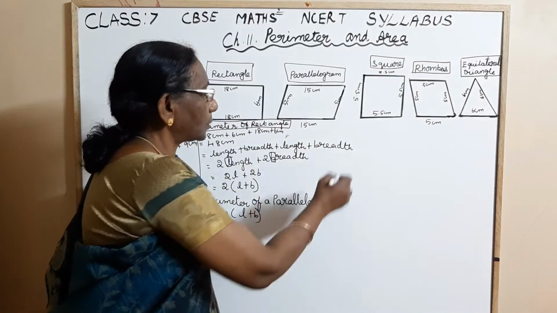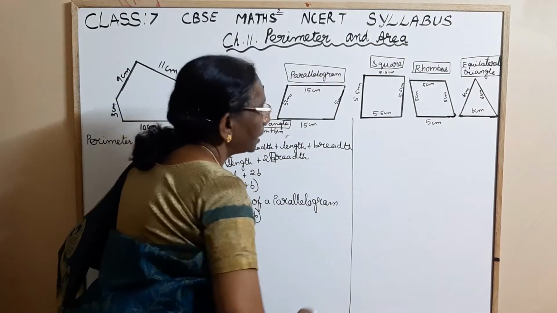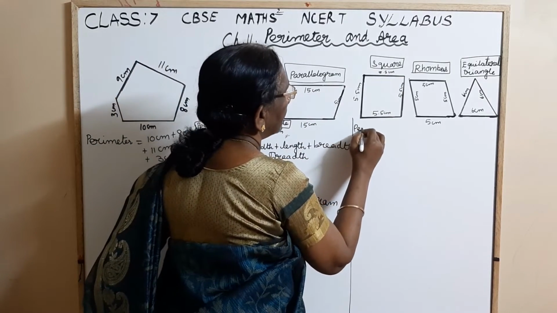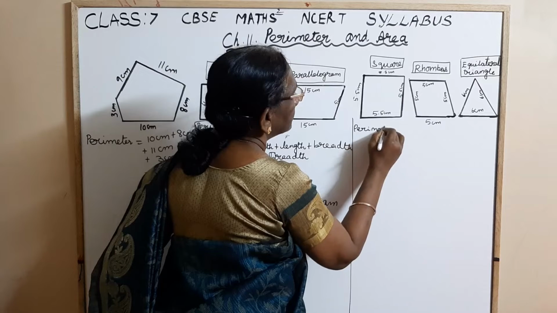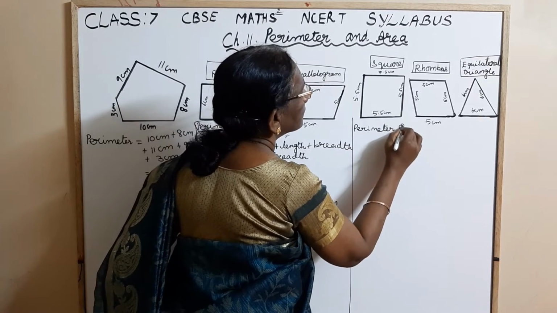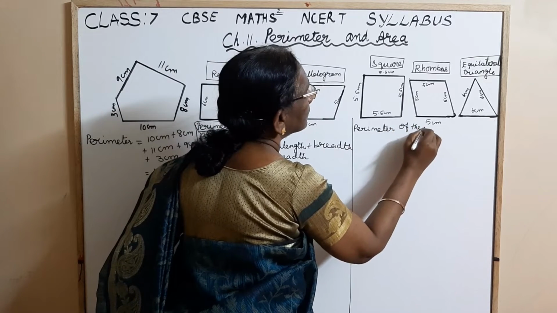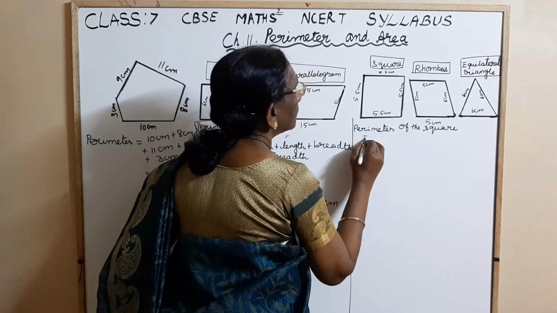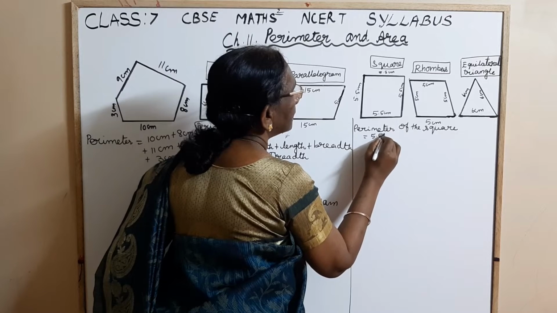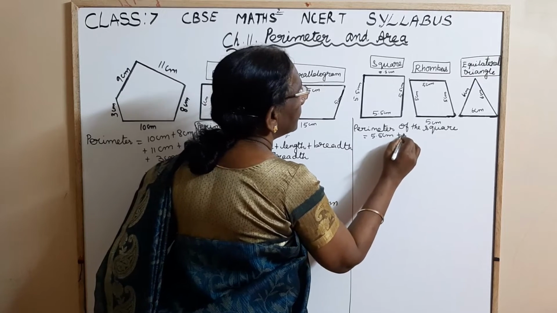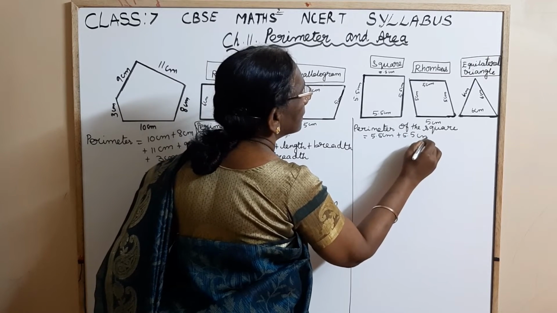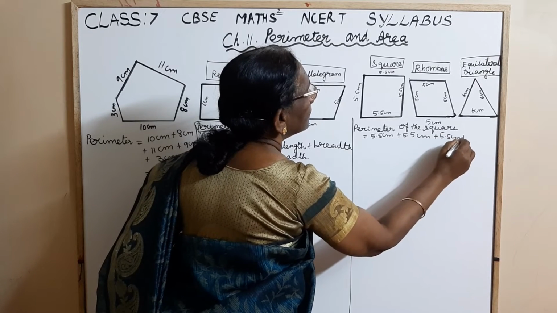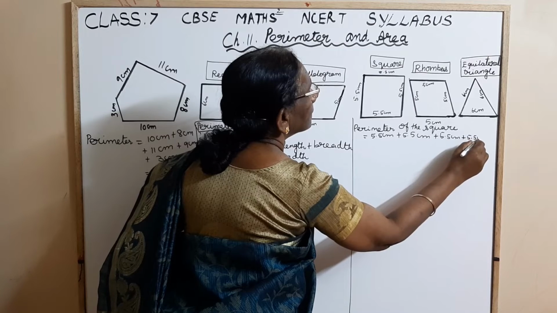Now let us come to the square. Here, what is the perimeter of the square? It is equal to 5.5 centimeter plus 5.5 centimeter plus 5.5 centimeter plus 5.5 centimeter.